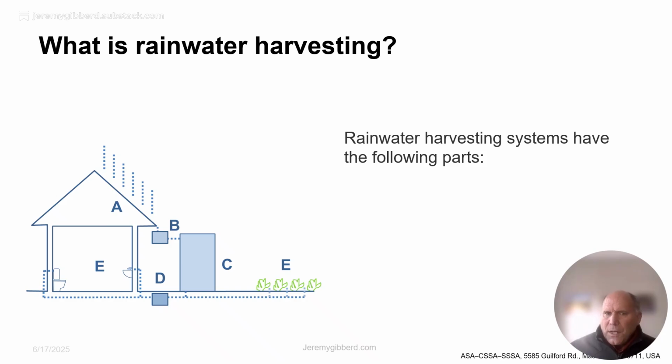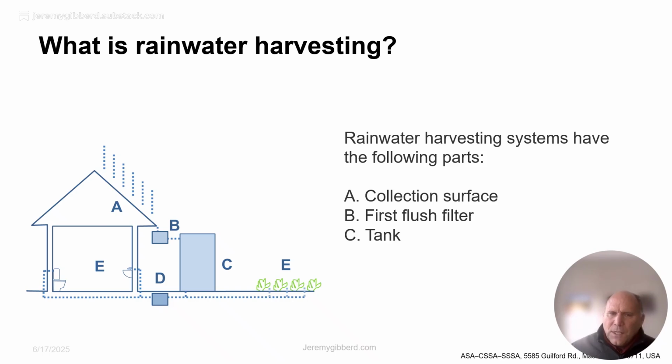So what is rainwater harvesting in terms of its components? Usually there'll always be a collection surface where you capture the runoff from rain. And usually that runoff may have dust and leaves, so there'll be a first flush filter that removes that dirt.